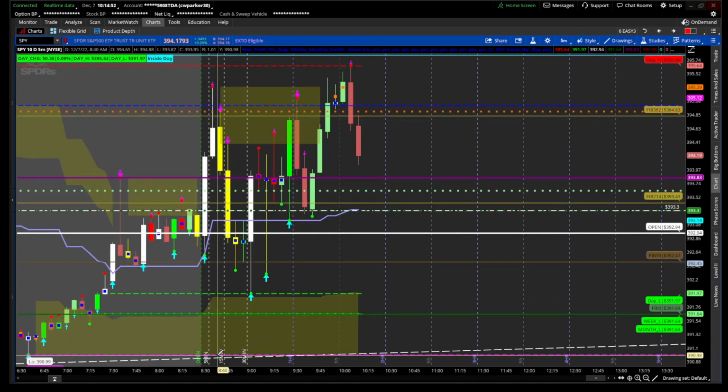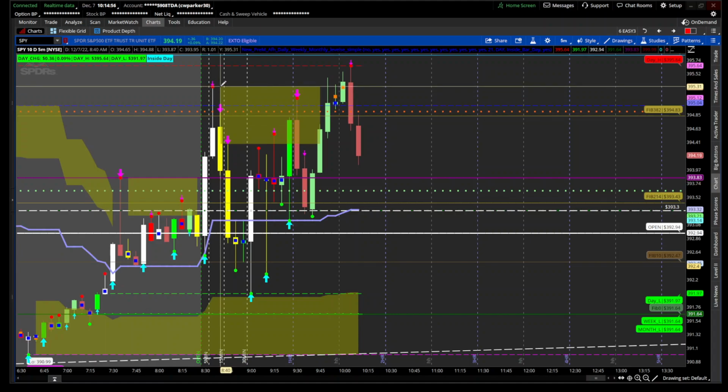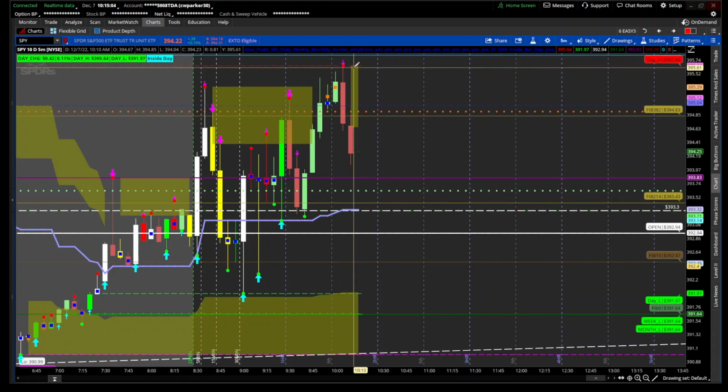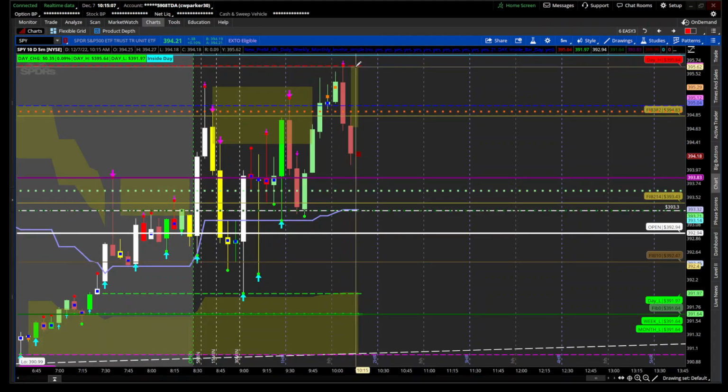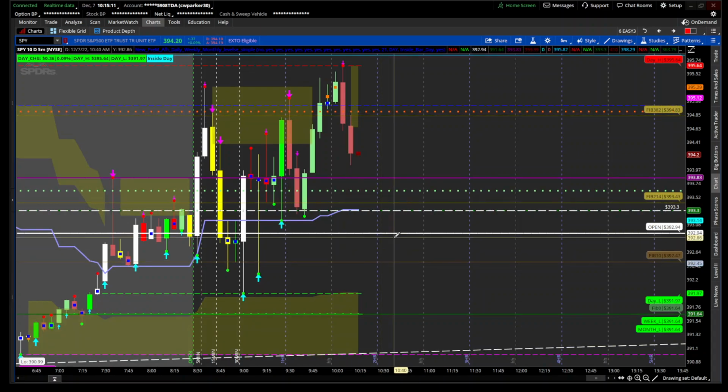It's going to find the lowest low and the highest high of 48 bars, which gives me my 4-hour high and low. As long as you're on a 5-minute chart, the 48 works.